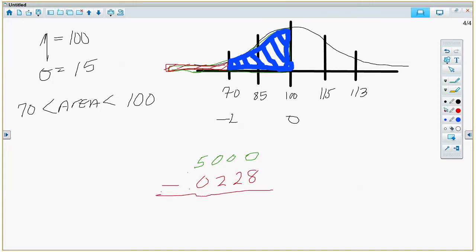And that's going to be the blue area, which is... somebody help me out. Check my math. Did that come out right? 0.4772. Thank you.